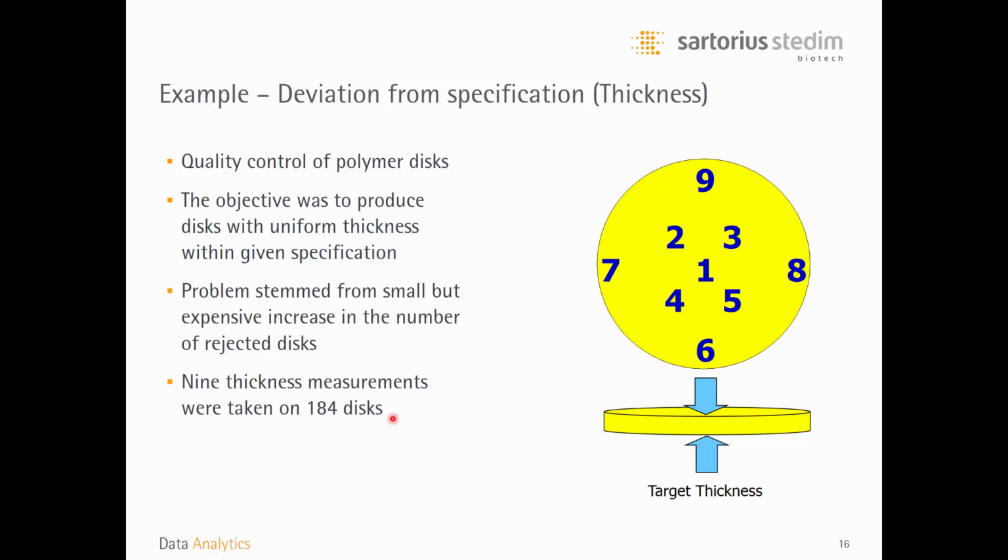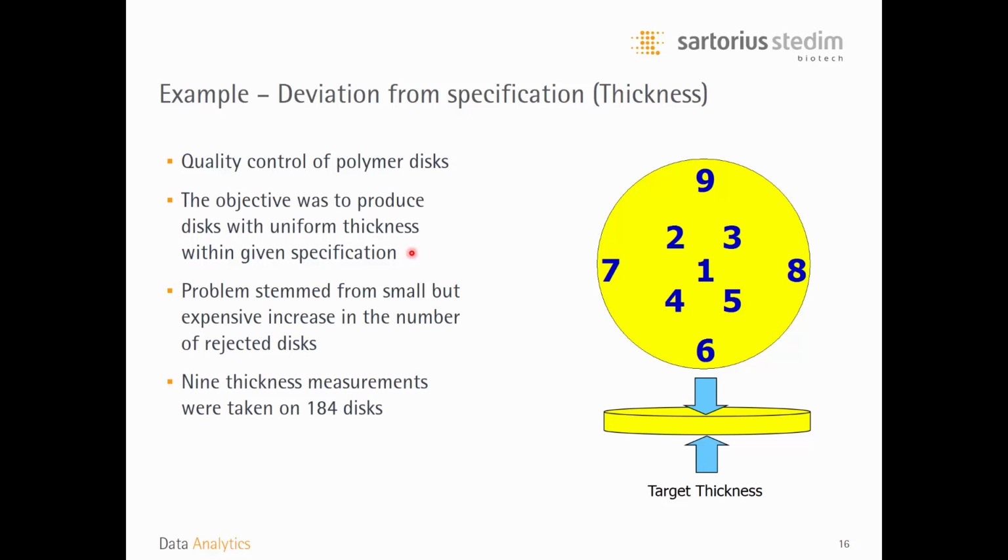Now, because there is a target specification, a given thickness, the data are not given as the absolute thickness measurements, but they have been standardized in relation to the target thickness.